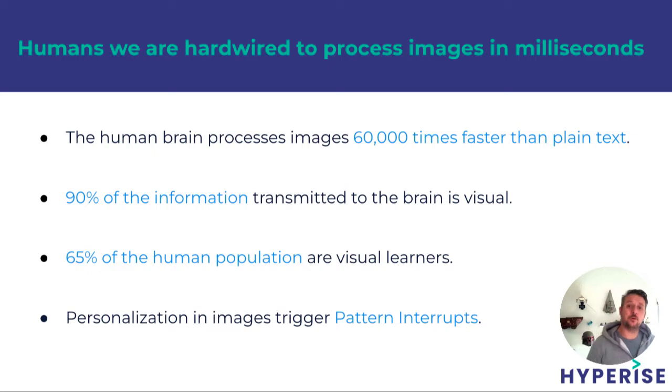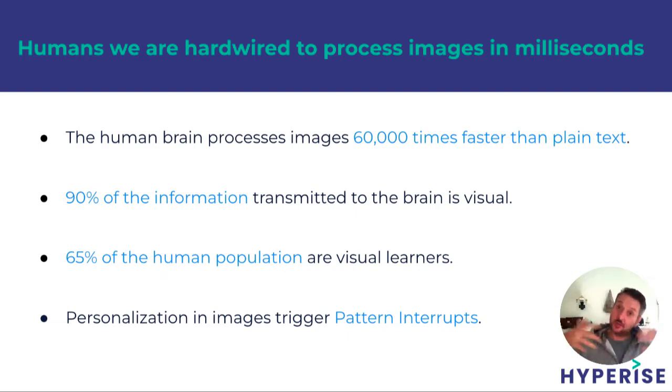And that's really where images come in. Images are such a powerful way to communicate, to give your message across in a really easy to understand and consume way. The human brain processes images 60,000 times quicker than text. What that means is that when we use an image to convey a message, it's way more effective.